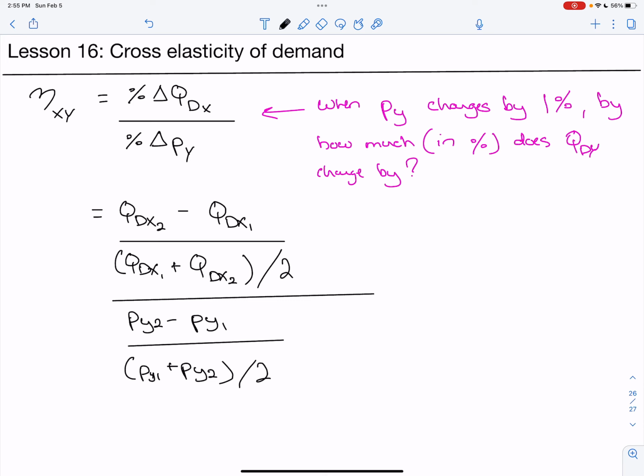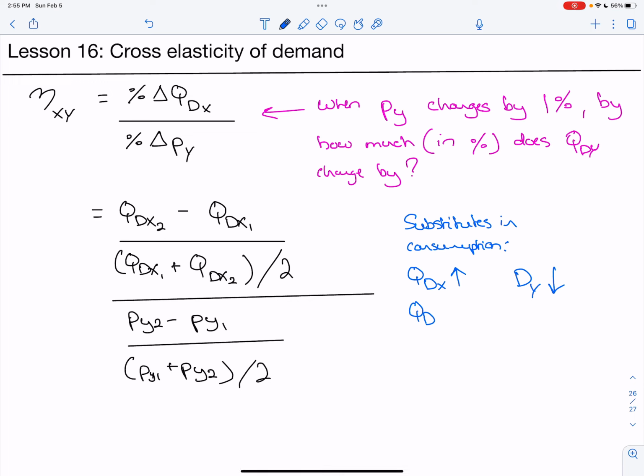If you'll recall, substitutes in consumption means that when the quantity demanded of X goes up, then the demand for the other one goes down, and vice versa.